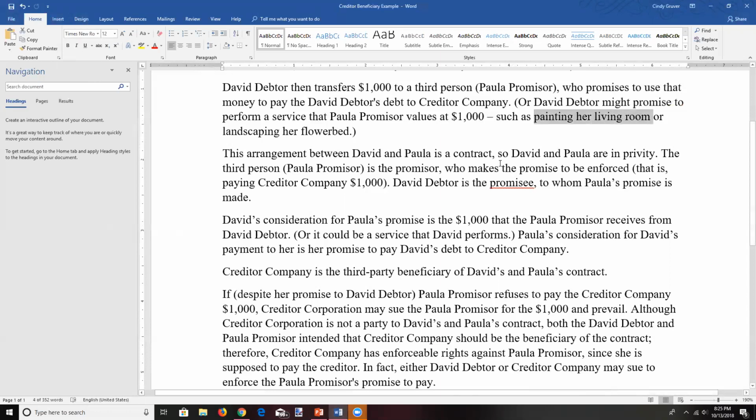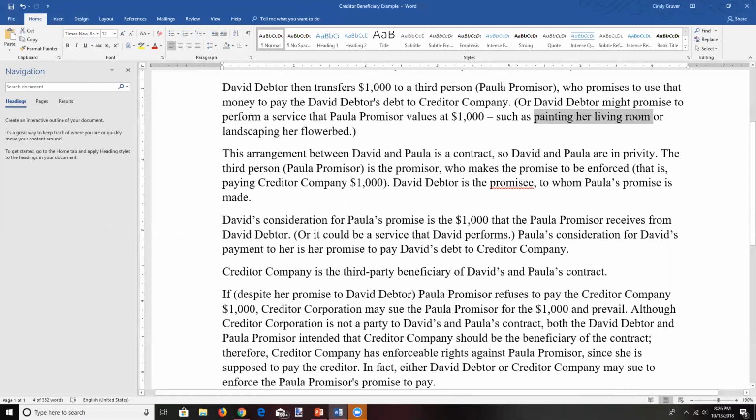Or maybe he sells Paula a sofa for the equivalent of $1,000. So David has promised to give this thing worth $1,000 to Paula Promiser. That's David Debtor's promise to Paula Promiser. So he is the promisor with respect to this $1,000, and Paula Promiser is the promisee.